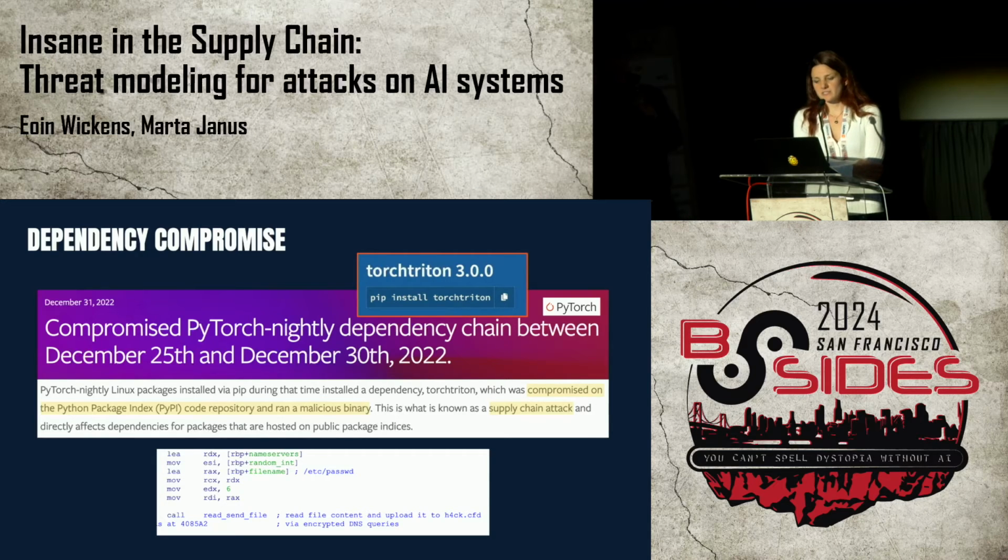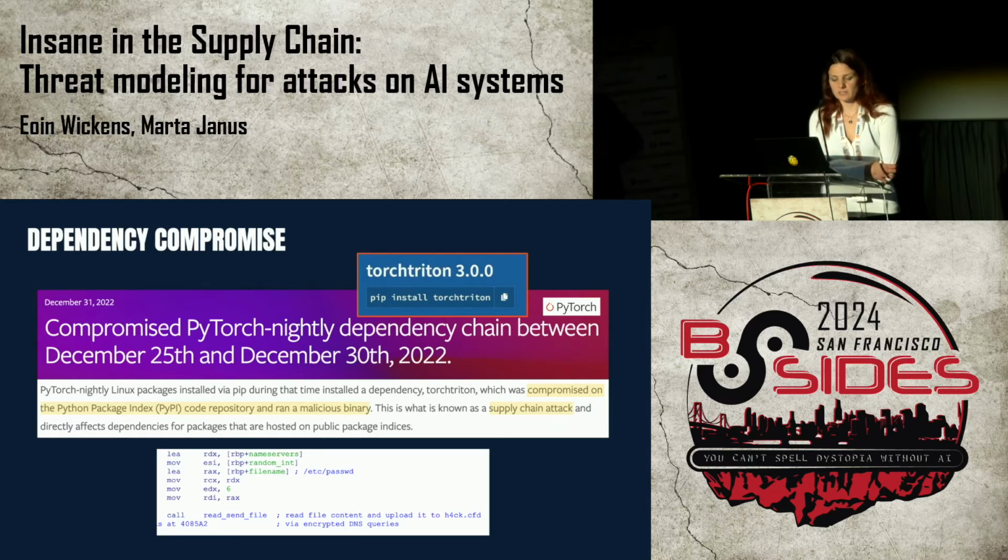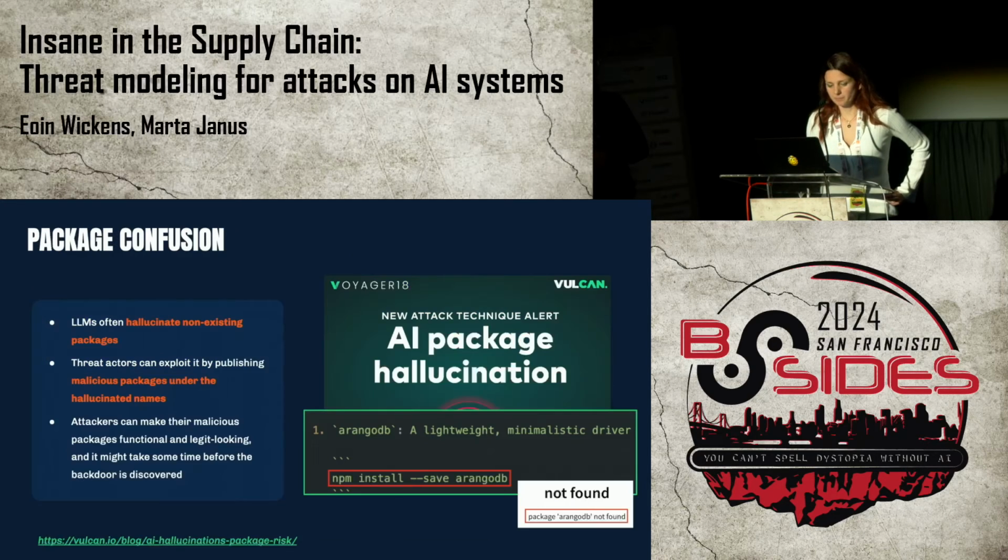That package was just a simple Linux info stealer that was basically sending the contents of the passwd file on Linux to the attackers, along with a couple of other files. It was nothing super sophisticated, but we think the attackers were perhaps just feeling the ground and trying to see how easy it is to exploit the dependency chain. And the next time, it can be something much more sophisticated.